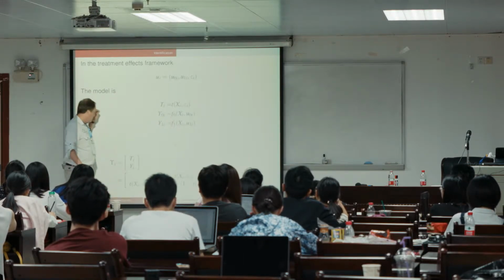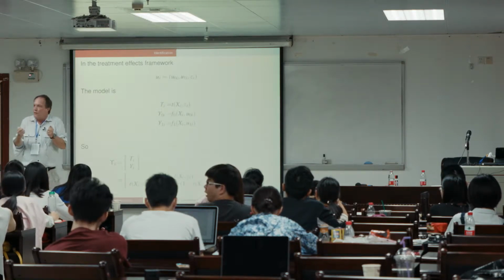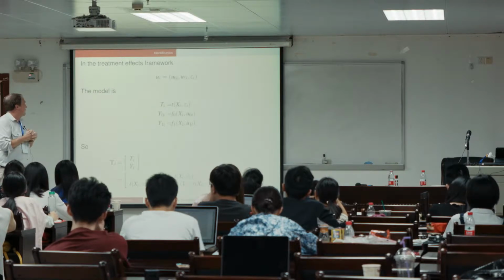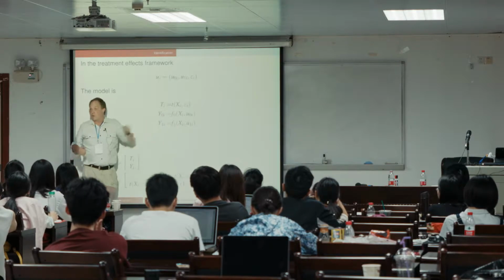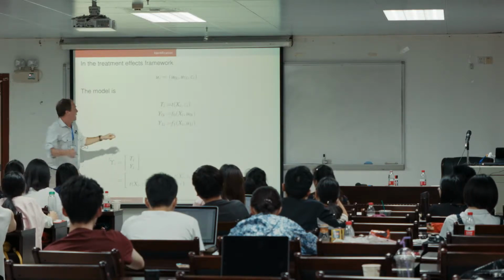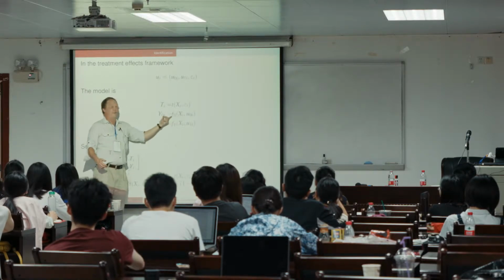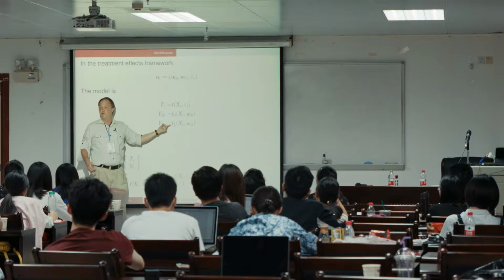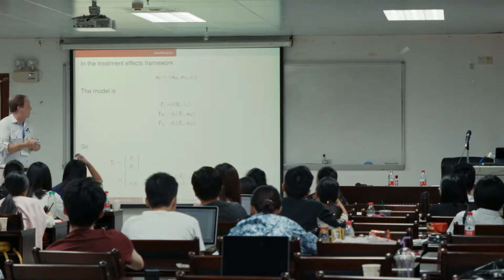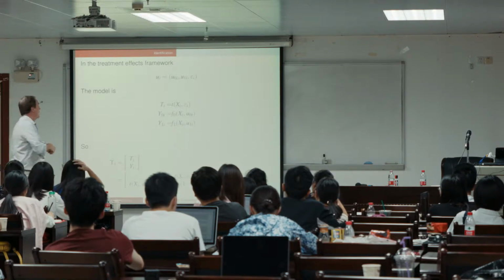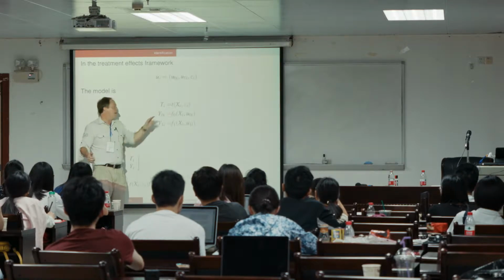This is an economic model in the simplest possible way you can think about an economic model. To some extent, the f's are production functions. They say, given my x and my u, how much y do I produce? This is how much I produce in this state of the world, and this is how much I produce in this state of the world. And the t is going to be like a decision model. You can think about the person deciding whether they take the treatment or not. They're going to choose the treatment if the utility of taking the treatment is higher than the utility of not taking the treatment.